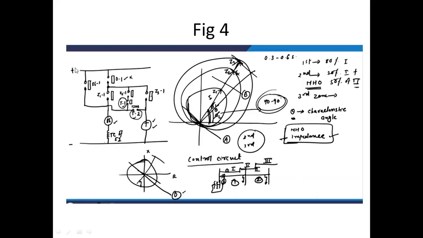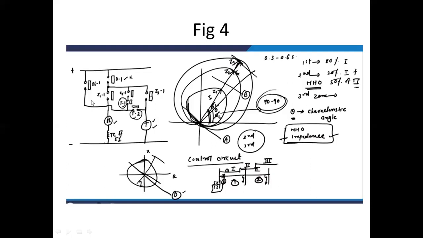Then we have one unit of the directional relay, let's say D1, and then we have the unit Z1.